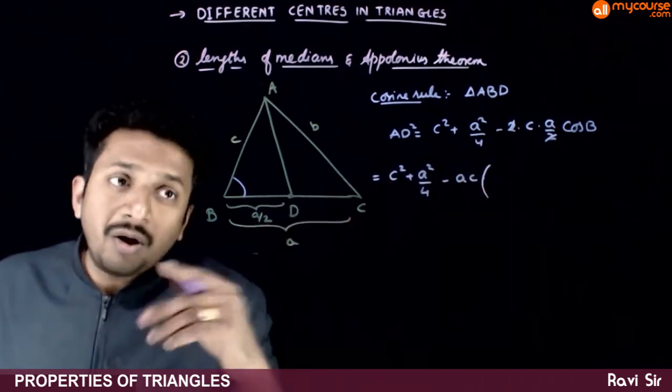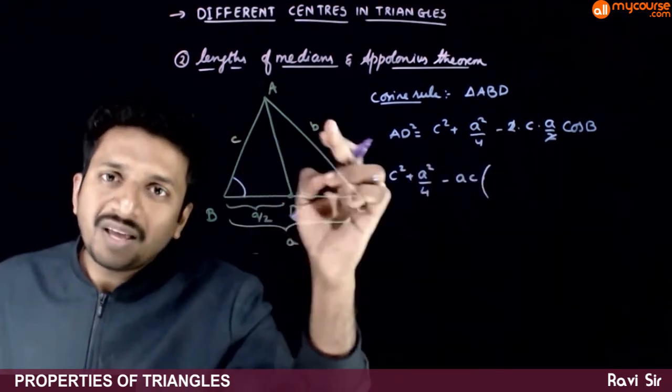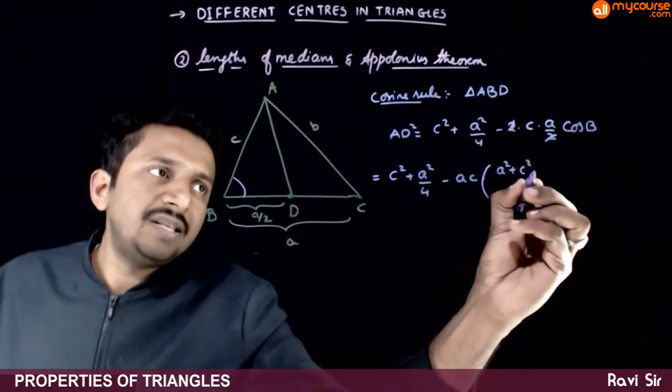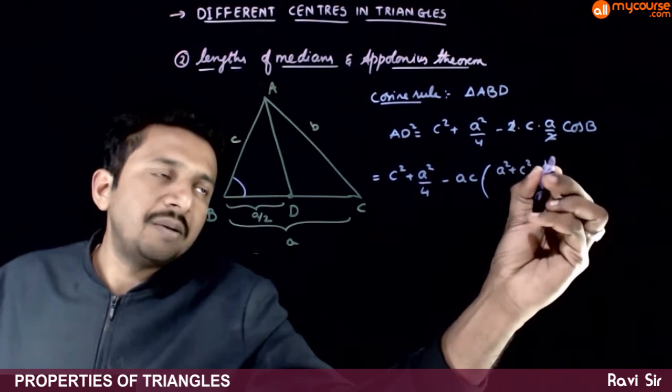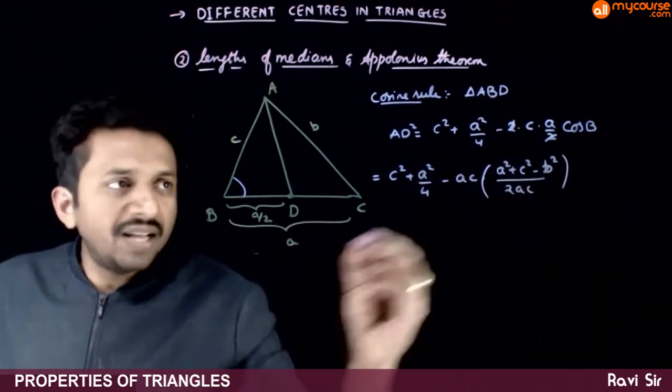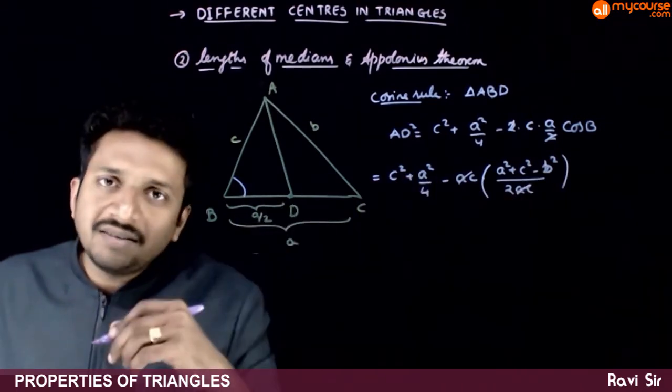what is cos B? Cos B can be expressed in terms of a, b, c. Cos B is nothing but a square plus c square minus b square by 2ac. And this ac and this ac get cancelled.